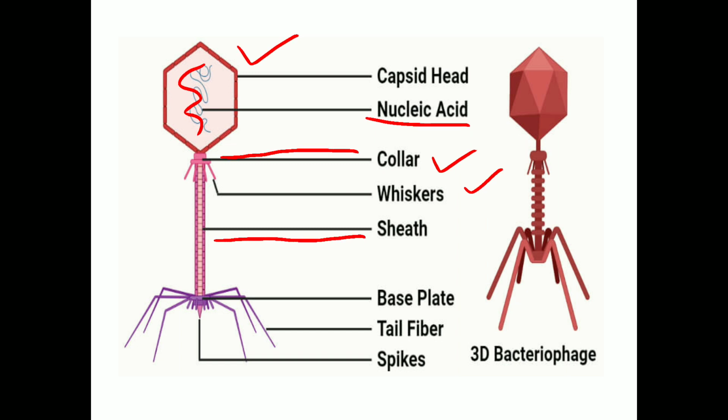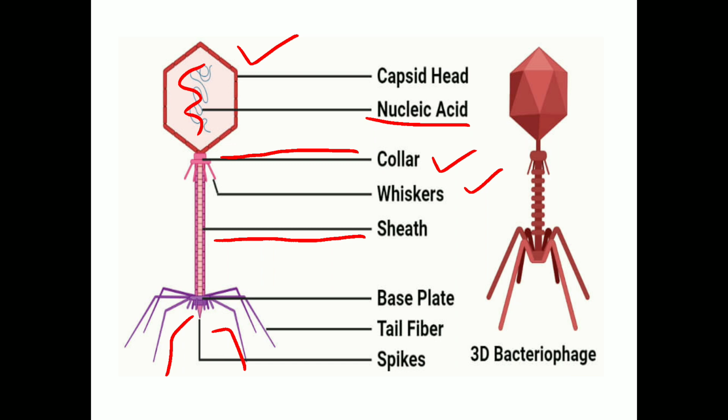Then at the bottom of the virus, the plate attached is called the base plate, and on the base plate the tail fiber is attached, which is responsible for attachment to the bacterial cell wall. Then spikes are also present at the bottom of the virus. So this is the structure of the bacteriophage or the virus.